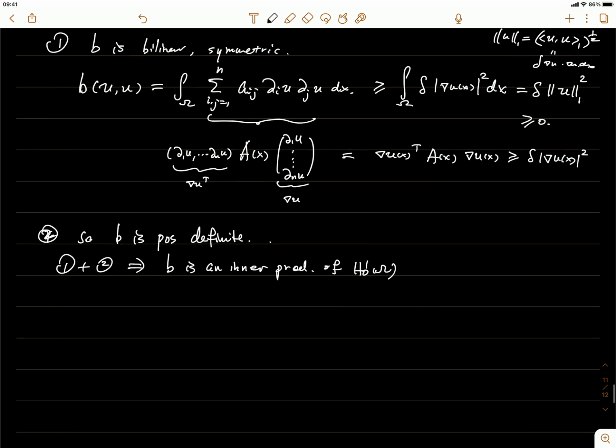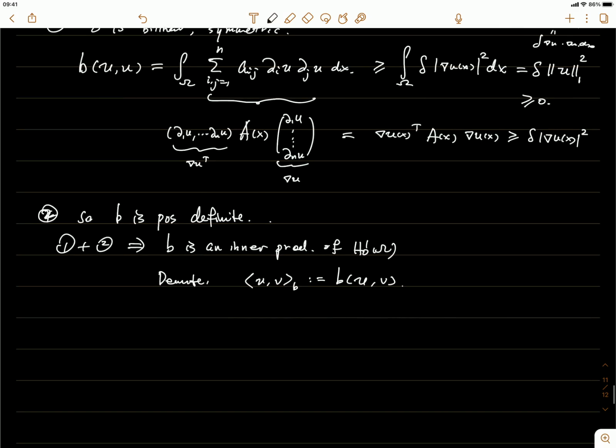Okay, now let's just denote the inner product using this B. For any two vectors, two points u, v from the H01 space, we call this inner product of u and v to be B(u,v). Okay, and this is the inner product.